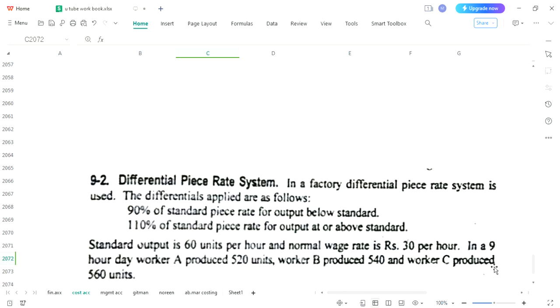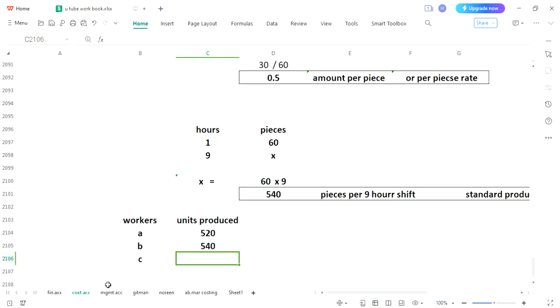C worker had produced 560. Alright, in this way we now can decide which worker was efficient and which worker was not efficient, because we have set the standard 540.